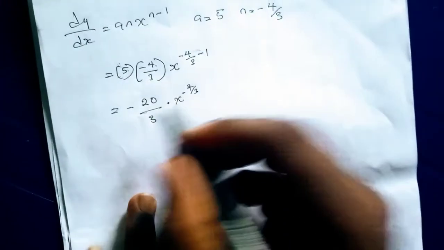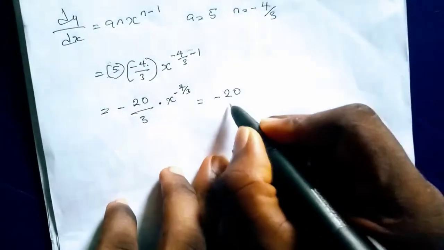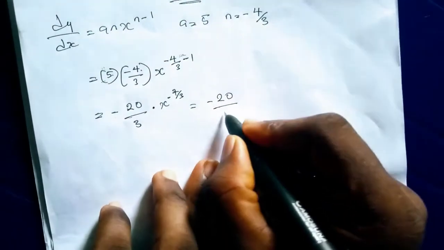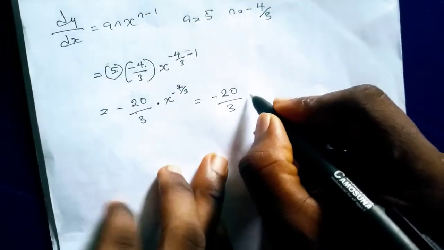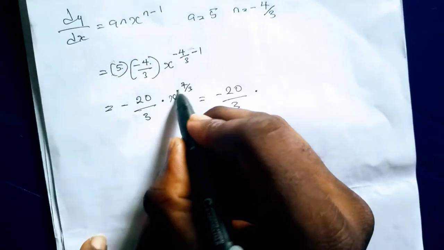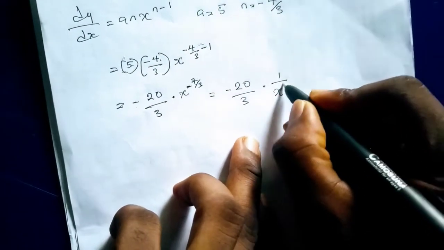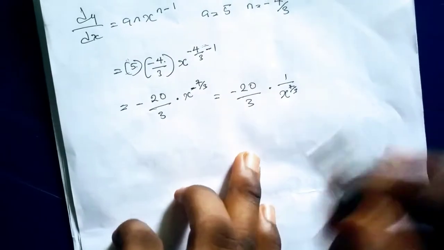Now, we can rewrite this to be equal to negative 20 over 3 multiplied by 1 divided by x raised to the power 7 over 3.